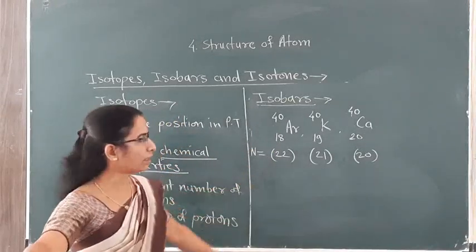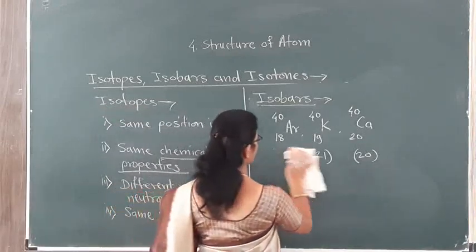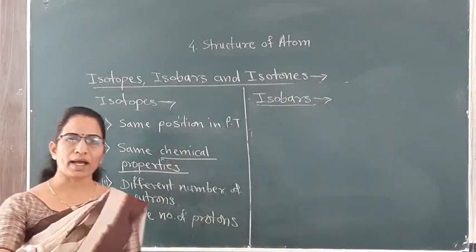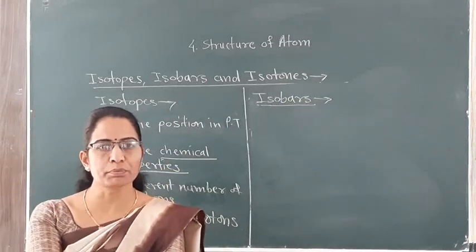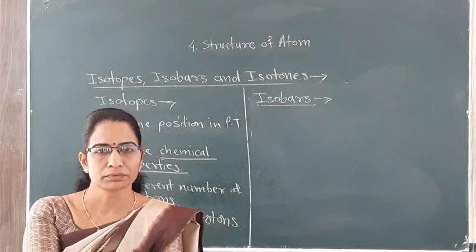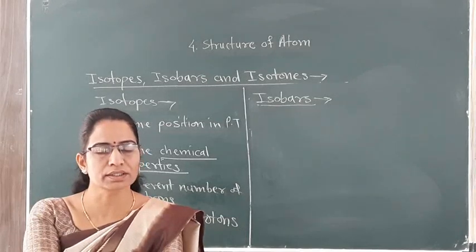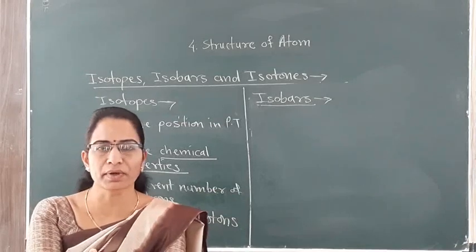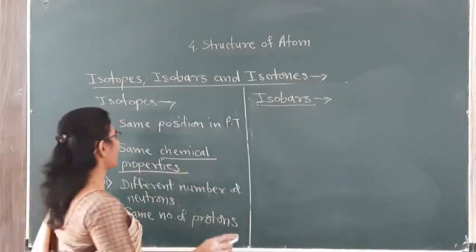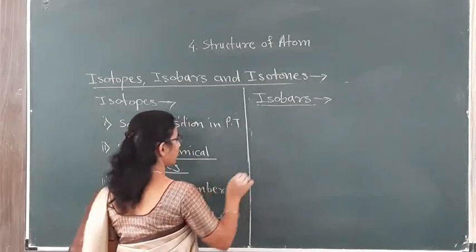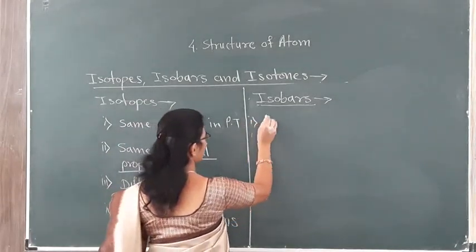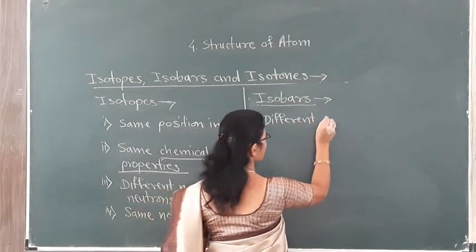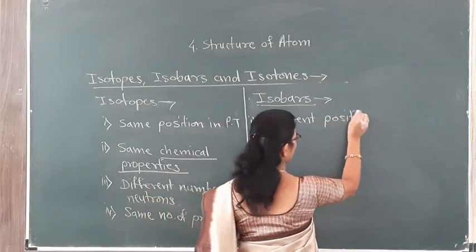Now let's see the characteristics of isobars. Will the isobars possess the same position in the periodic table? No, they will not possess the same position in the periodic table, because they have different atomic numbers, or different numbers of protons. So we can say that they have different positions in the periodic table.